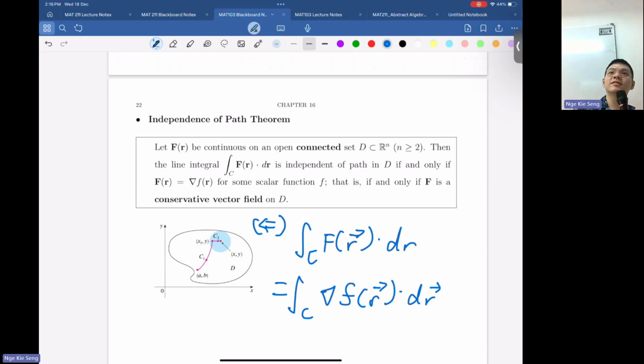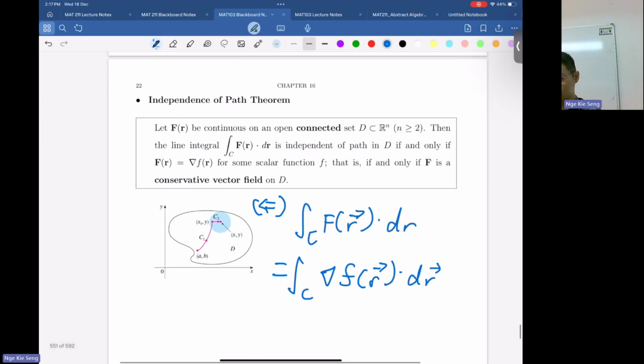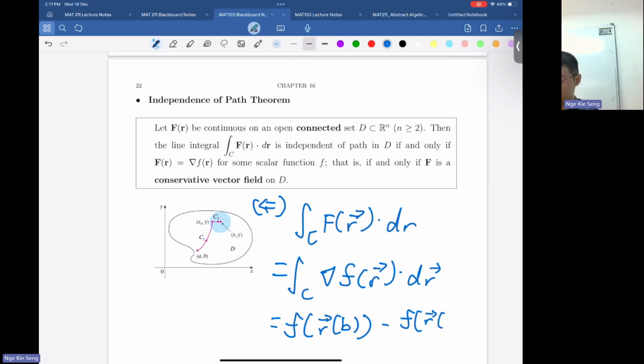You can use the fundamental theorem of line integral. What do you get in this case? f of the endpoint minus f of the starting point. Okay. So how does this prove that the line integral is indeed independent of path?